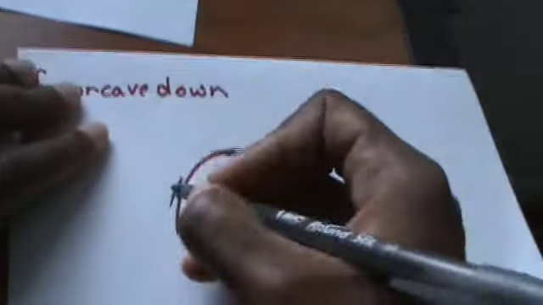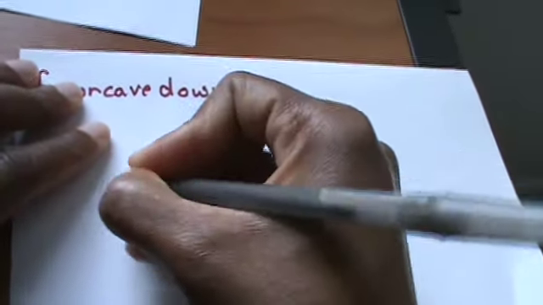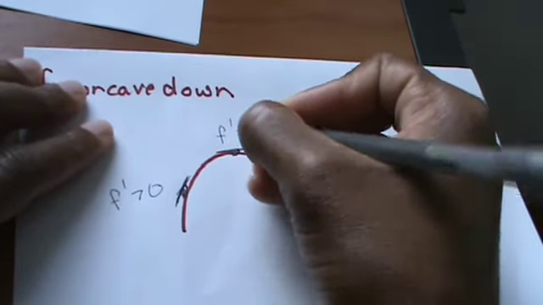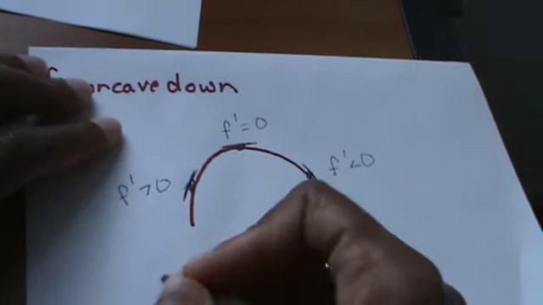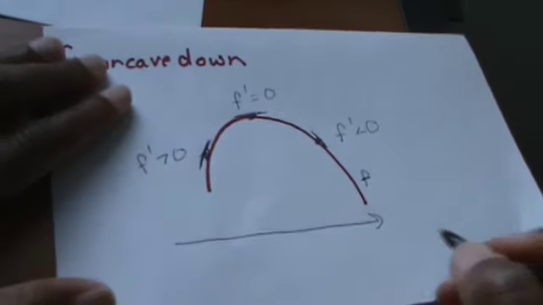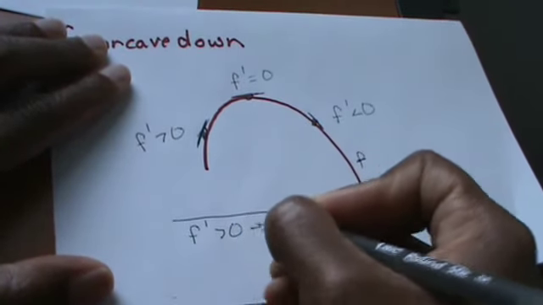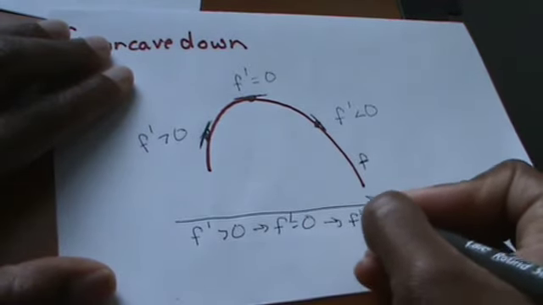And we'll notice that over here, in this entire region, all of the slopes are positive. In here, the slope is equal to 0, and then over here, the slopes are negative. So as we move from left to right, we go from slopes that are positive to slopes that equal 0 to slopes that are negative.